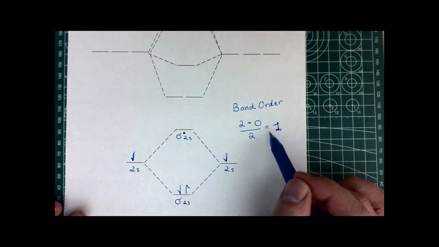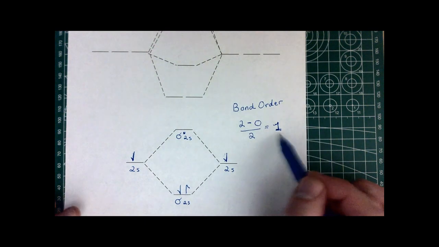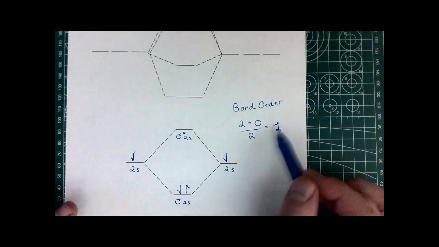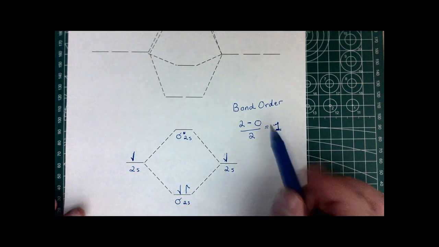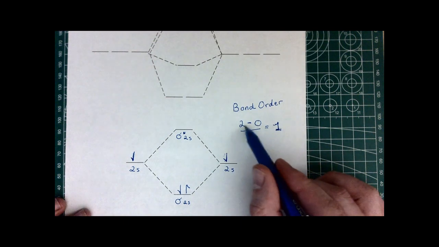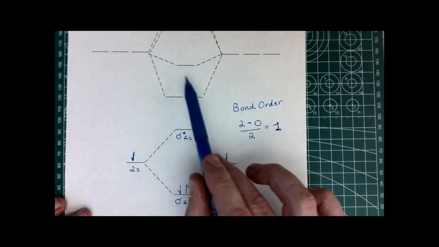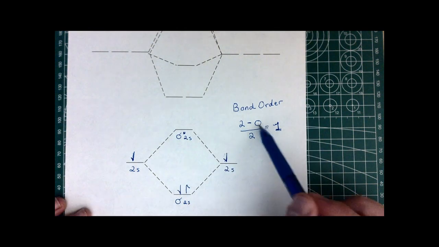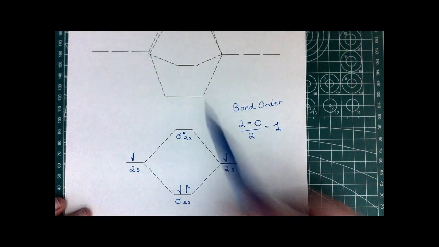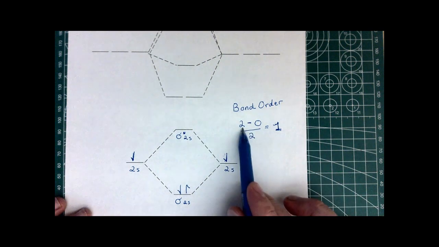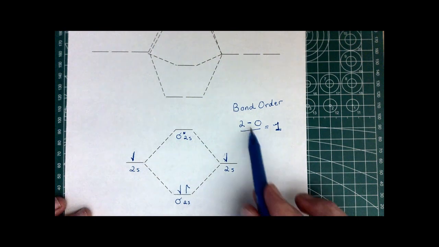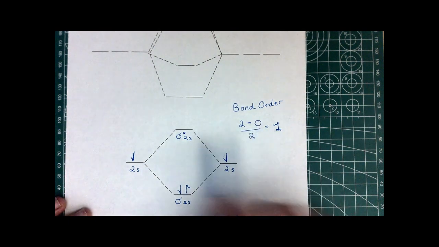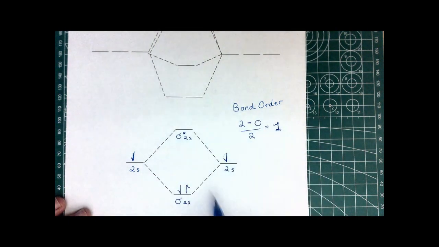Bond order is like we've been talking about with single, double, triple bonds, but it actually allows for there to be fractions, for there to be half bond orders. And the way we calculate it is it's the number of electrons that are in all of the bonding molecular orbitals minus the number of electrons that are in all the anti-bonding molecular orbitals. So we have 2 bonding electrons, and we minus 0 anti-bonding electrons because there's none anywhere else.